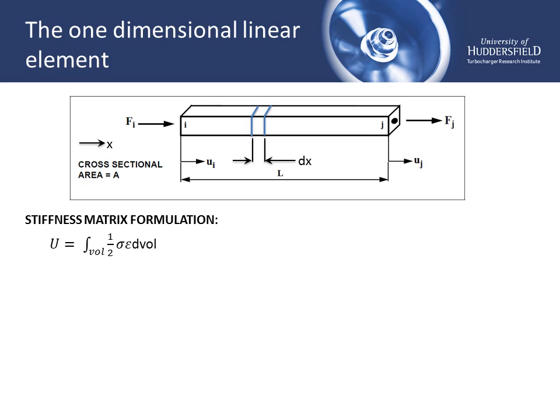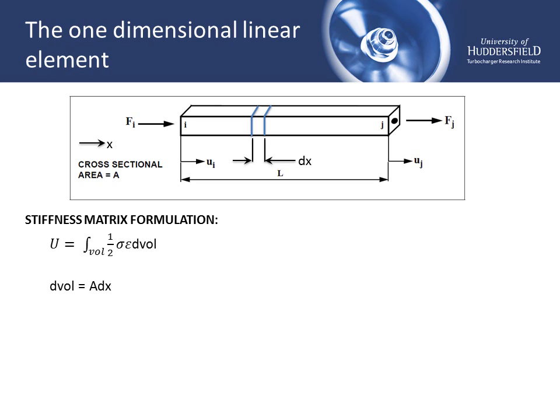So to formulate the stiffness matrix for this element, we start off by looking at the strain energy. Now the strain energy at a point within a material is a half stress times strain. So if we want the total strain energy, we need to integrate that over the volume. So we're integrating over the volume of the element.